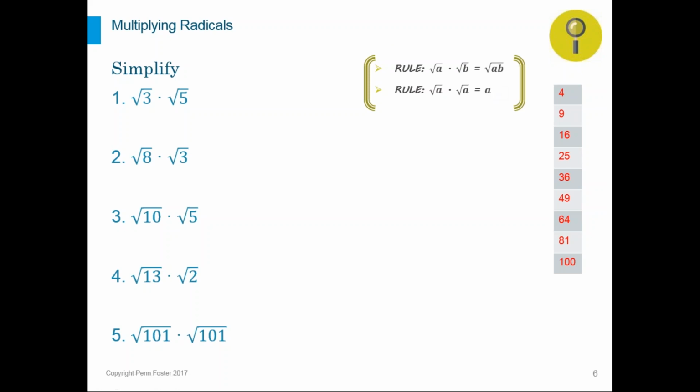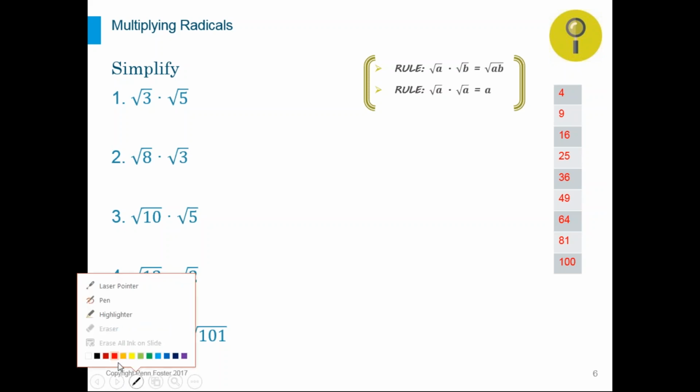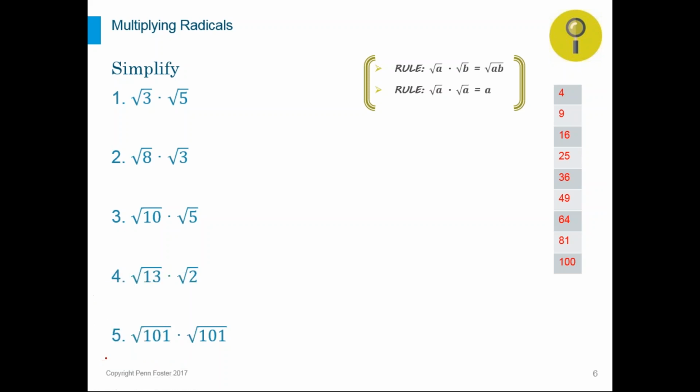So let's do the first example. The square root of 3 times the square root of 5. What should we do? Typically, we look under each radical sign and see if any number under that sign has a perfect square factor.